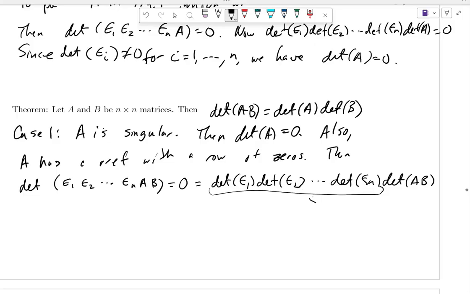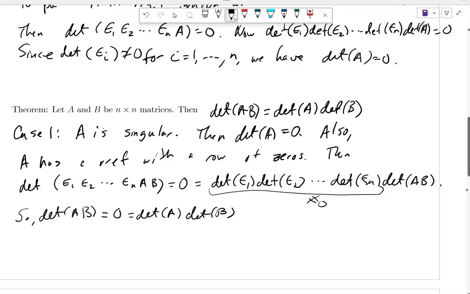No. So that determinant of AB has to be 0. And by default, that equals determinant of A times determinant of B, because we said determinant of A was also 0. Right?